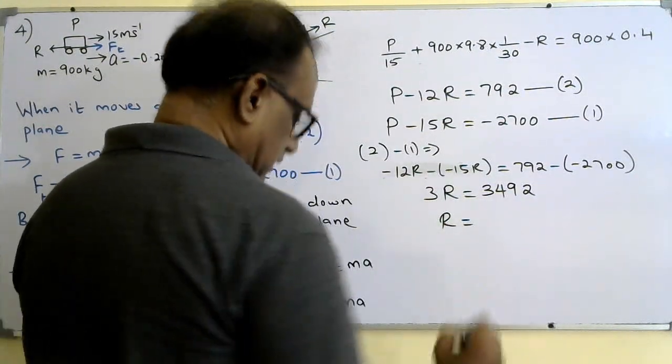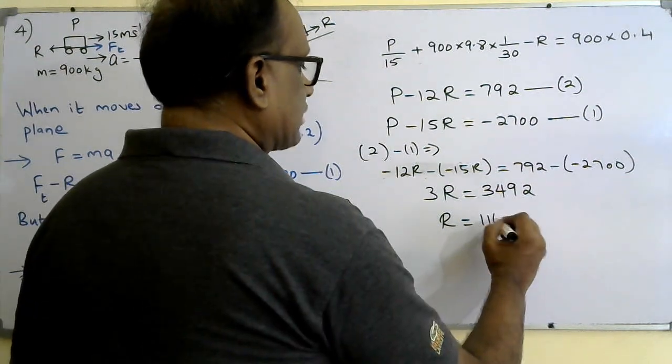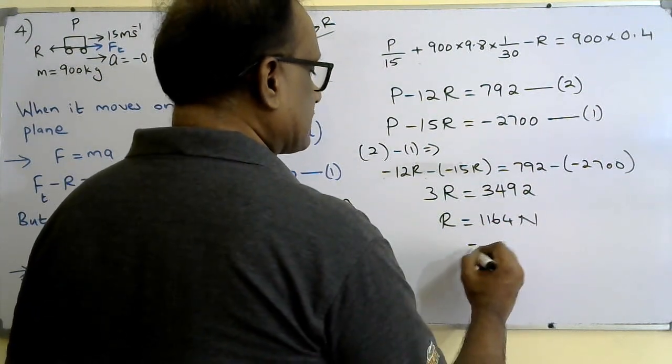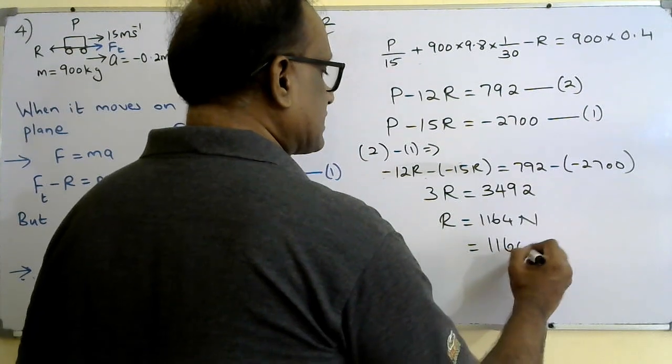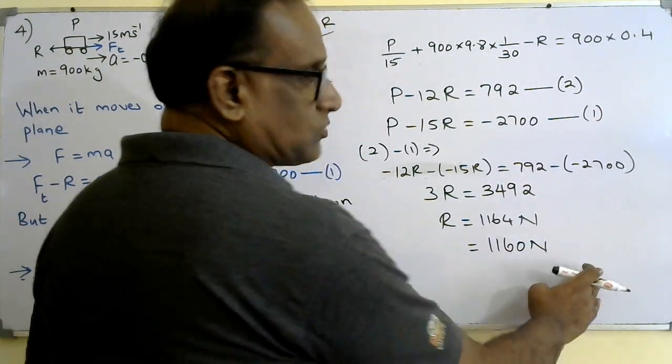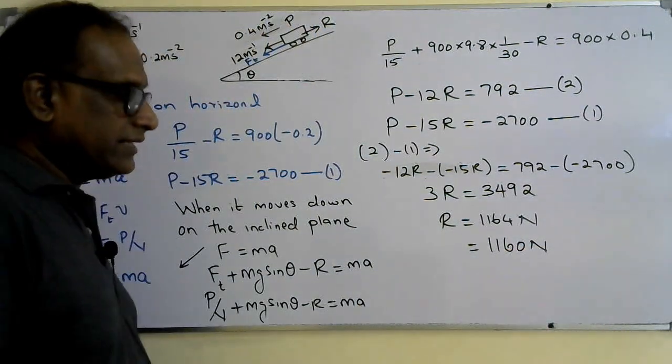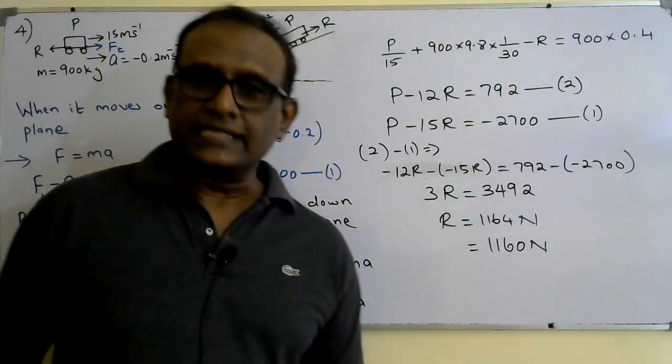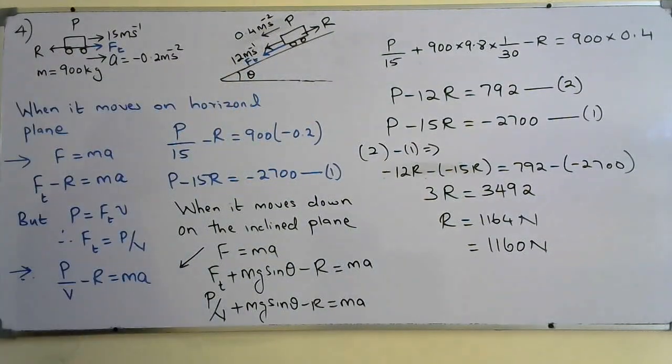So R equals 1164 is the actual answer, but you can give it in 3 SF. So 1160 Newton, or 2 SF means 1200, but normally you can give it in 3 SF, 1160 Newton. That's the answer.